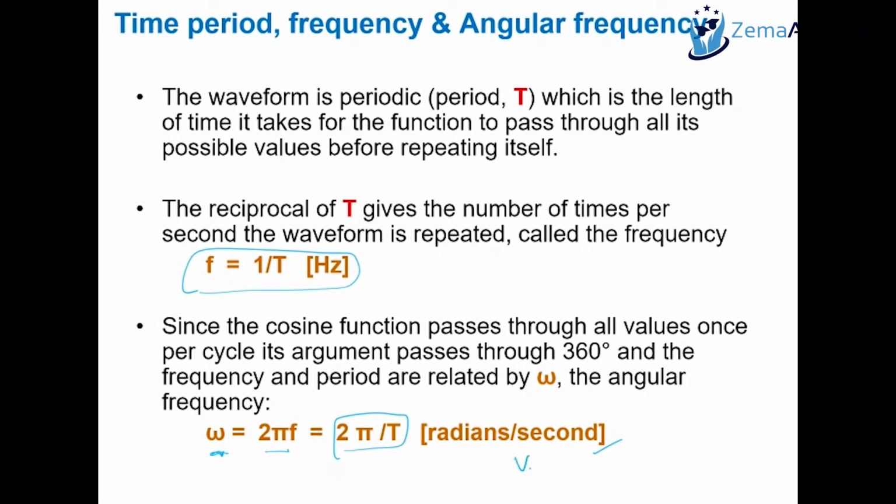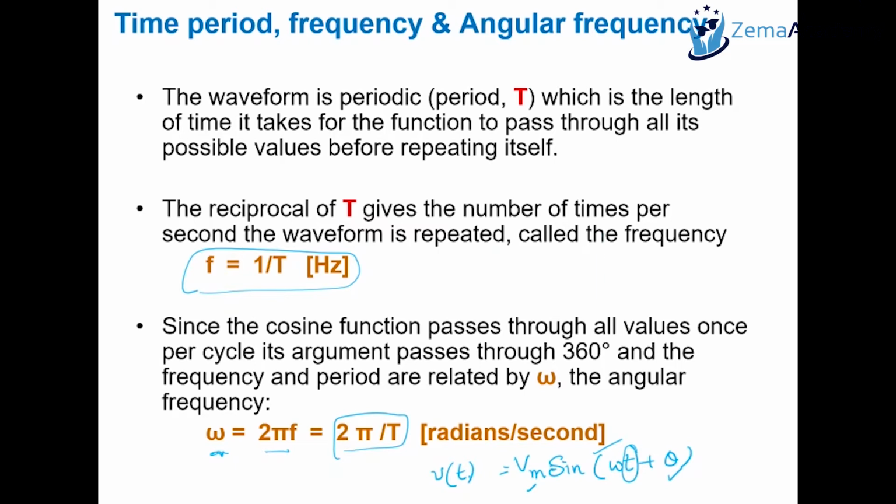Let's say we have Vm sine omega t plus theta is V of t. So let's say we have a time-dependent sinusoidal source, and somebody gives you a value of theta and the maximum value that the waveform can take, and says, can you find the instantaneous value at a time t?